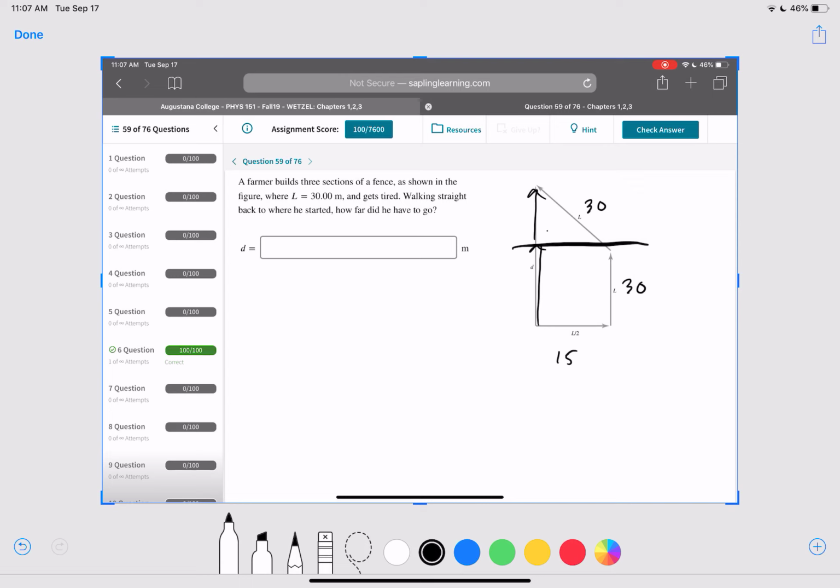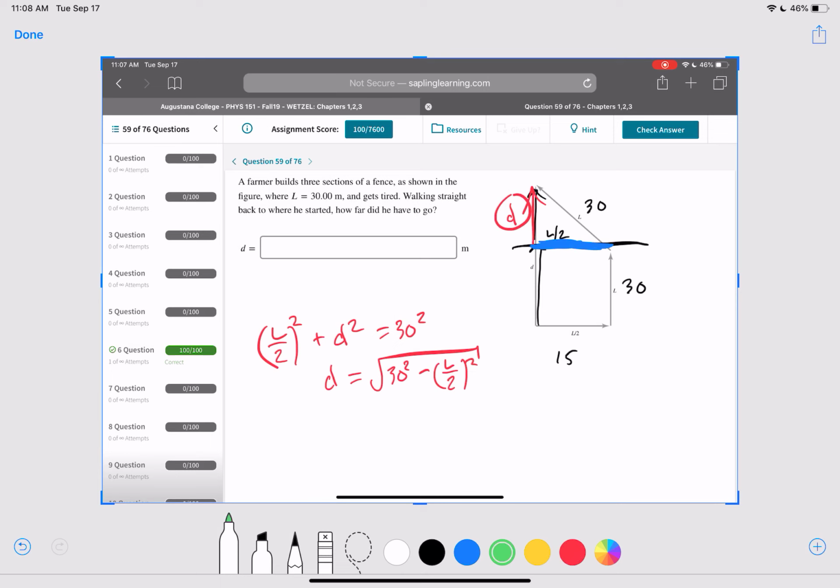Okay, so we know the side of this triangle is L over 2. So where's our right triangle? Look for it. There it is. We want that side. How far does he have to go? L over 2 squared plus whatever the distance here is, d squared, is equal to 30 squared. So d is going to be the square root of 30 squared minus L over 2 squared. That'll give you this distance.